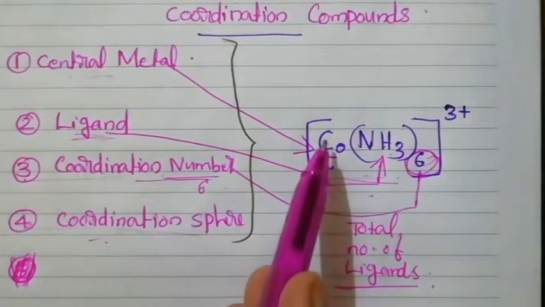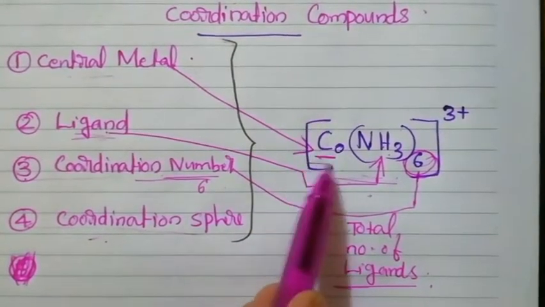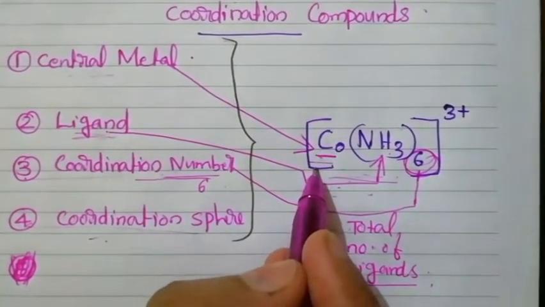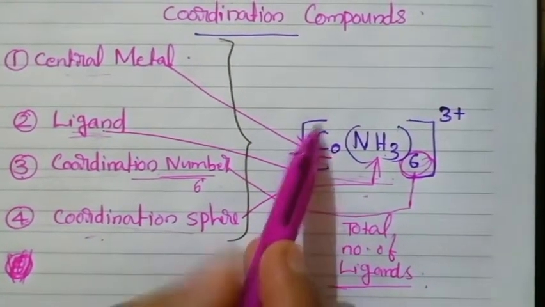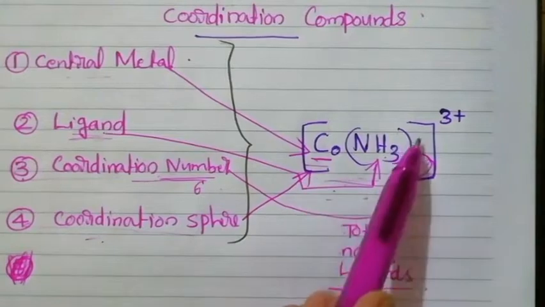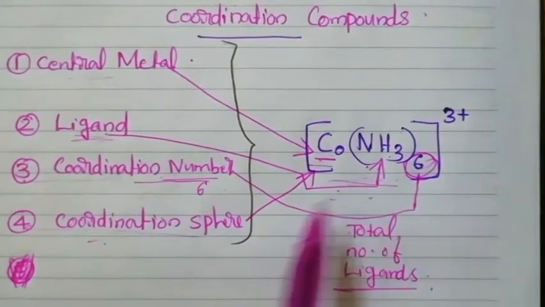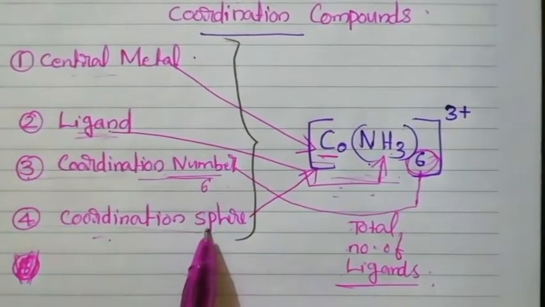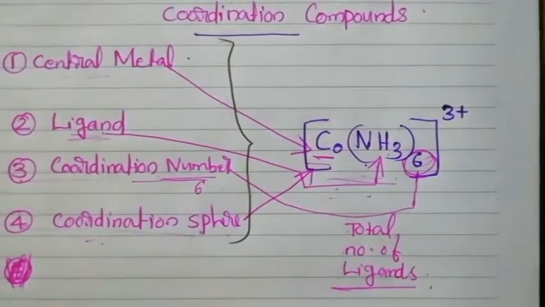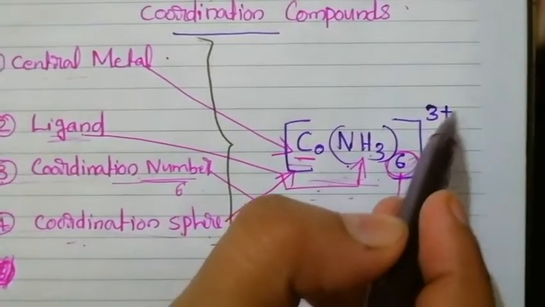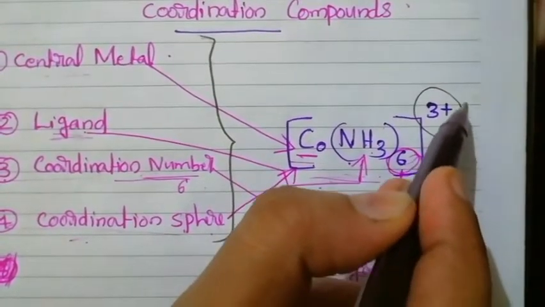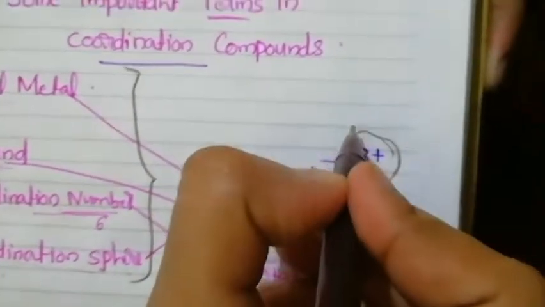And next one is coordination sphere, which is nothing but this square bracket in which the metal and ligands are enclosed. The square bracket in which the metal and ligands are enclosed is called the coordination sphere. So I think you got all these four terms: central metal atom, ligand, coordination number, and coordination sphere. You can see a 3+ outside the coordination sphere.